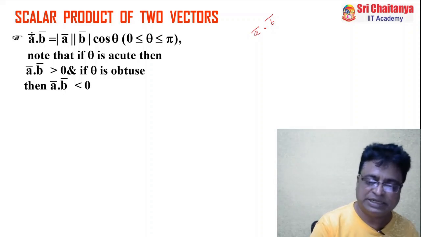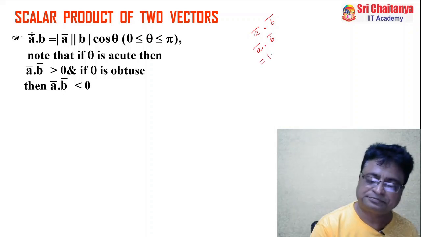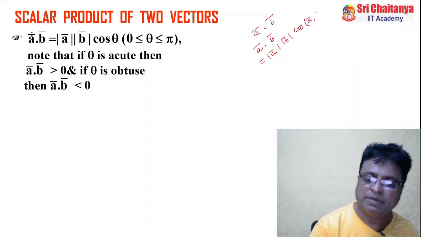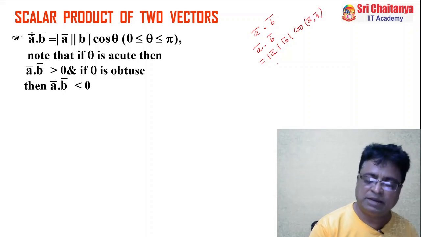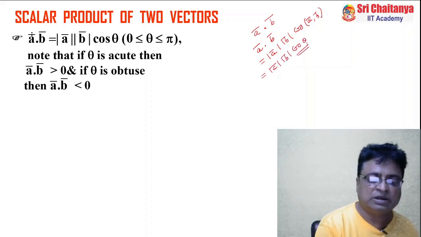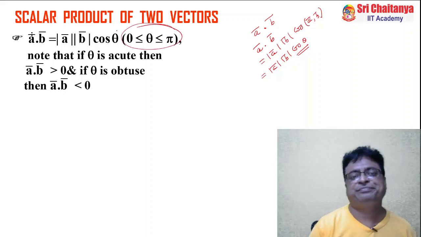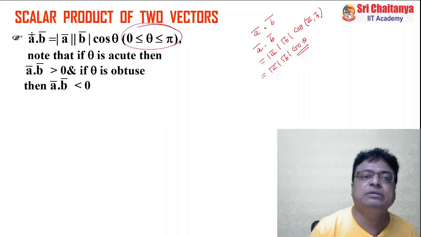Both are the same and defined as A bar dot B bar equal to mod A bar mod B bar cos of the angle between A bar, B bar. If the angle between A bar, B bar is theta, then I can also write it as mod A bar mod B bar cos theta, where theta always lies between 0 and pi. This is about the definition.